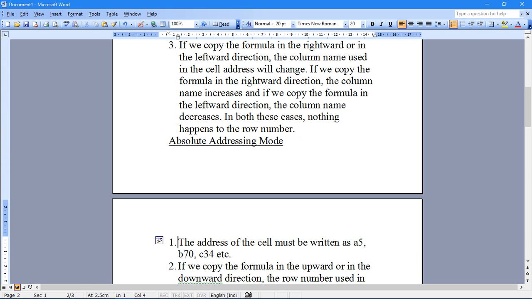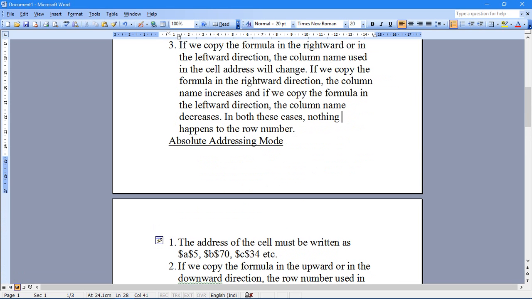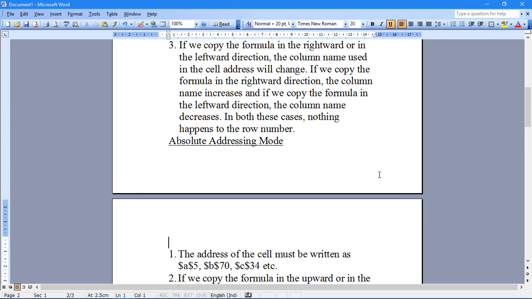The address of the cell must be written as $A$5, $B$70, $C$34, etc. This is about the absolute addressing mode.